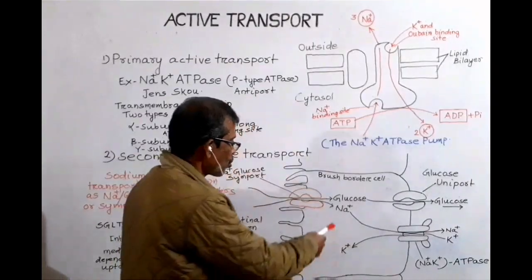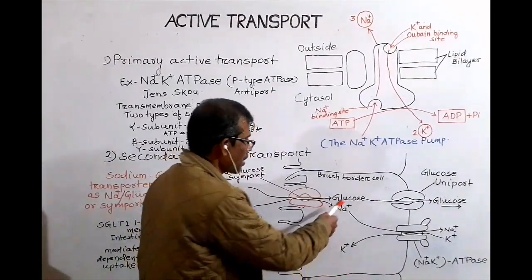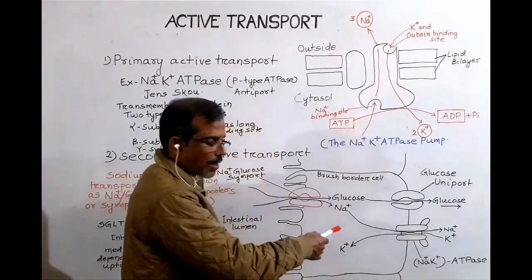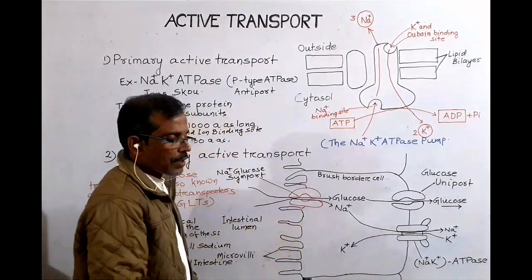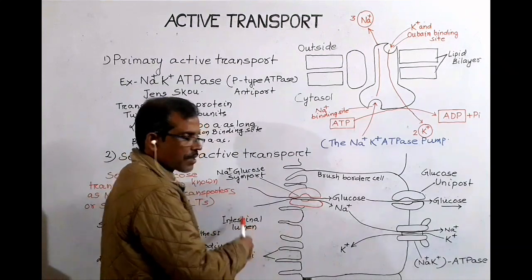So, the sodium ion concentration is maintained at a low level inside the brush border cell, but outside the sodium concentration is higher.